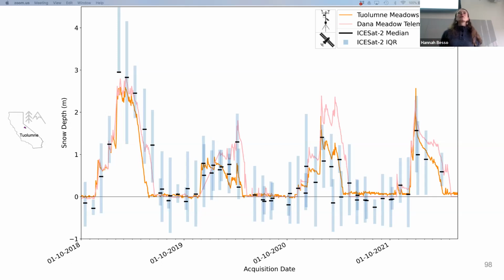Enderlin et al. 2022, published this fall, did do a co-registration, but it resulted in zero offset in all directions, X, Y, and Z. They tried that technique with some of the standard products, and it didn't result in any offsets. They also did this snow on, snow off bias correction.